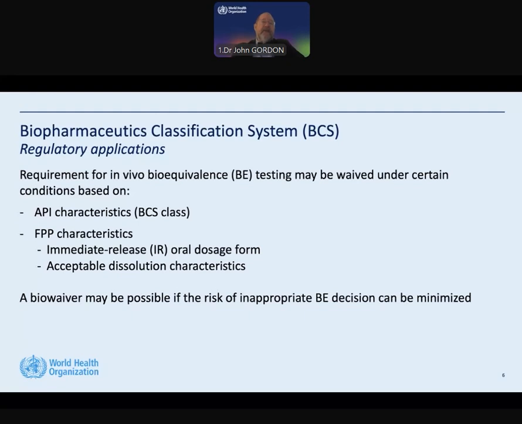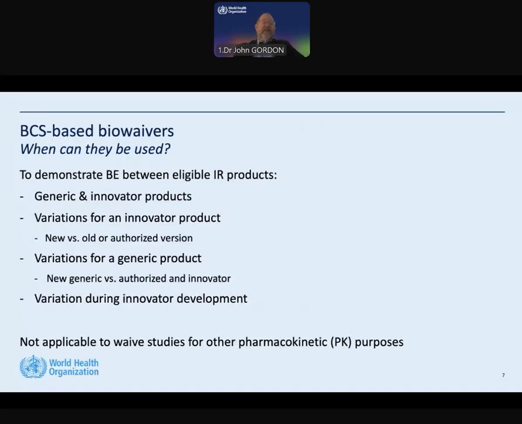And also the FPP needs to show acceptable dissolution characteristics in order to be comfortable in waiving the requirement for a BE test between two products or for a change within a product. So a biowaiver may be possible based on consideration of these characteristics if the risk of an inappropriate BE decision is considered to be minimized by the combination of these characteristics.